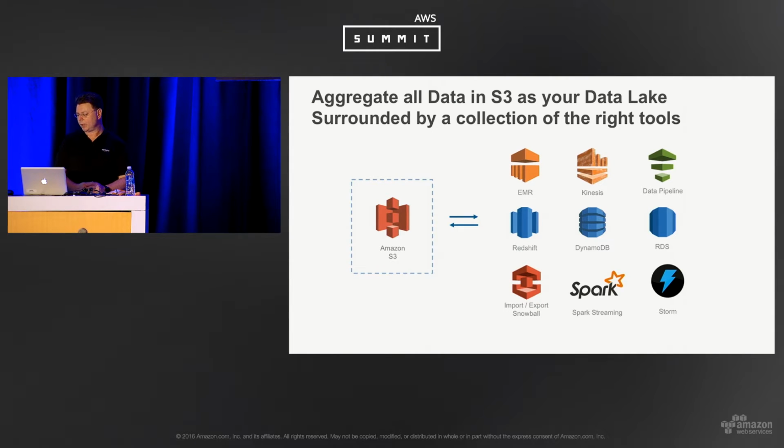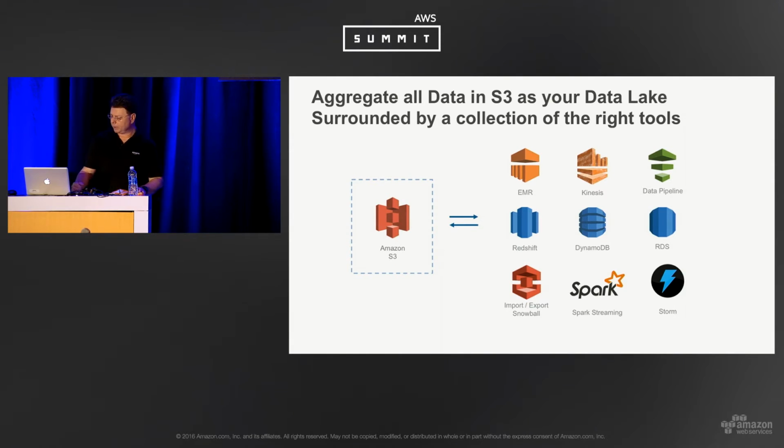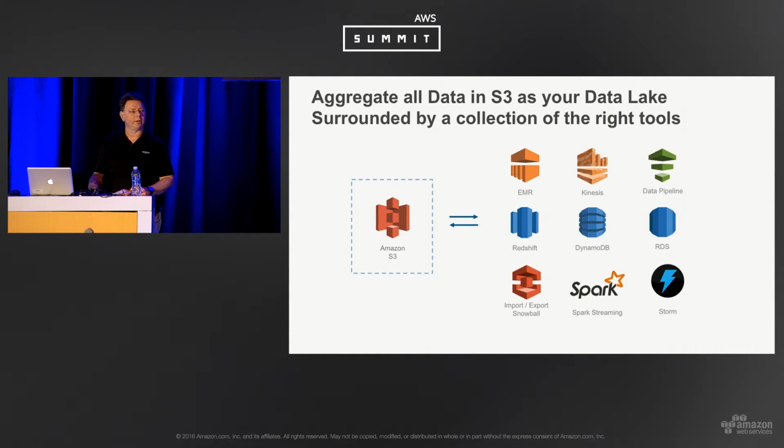There's Redshift, the data warehouse offering, NoSQL databases like DynamoDB, and relational services like RDS. And as we announced last year, Snowball import-export appliances, 80 terabyte appliances that we can ship to customers. They plug into their network, copy their data locally onto the appliance, and then have that FedExed to AWS and put into S3 for them. And of course, Spark Streaming and other things like Storm can interface with it.